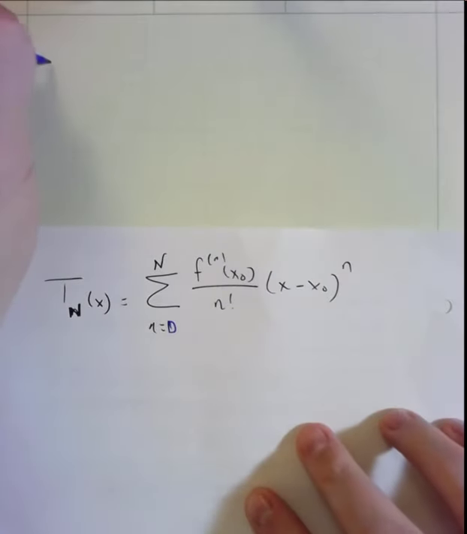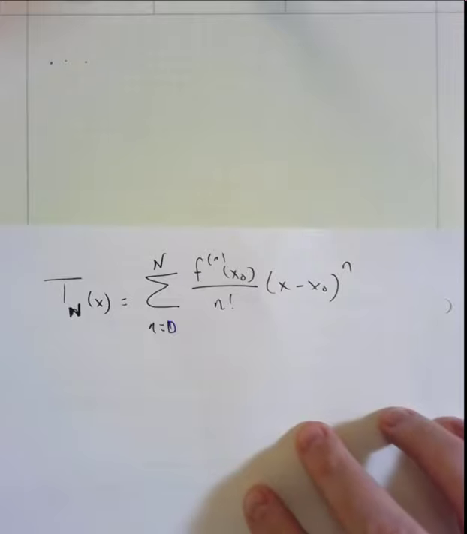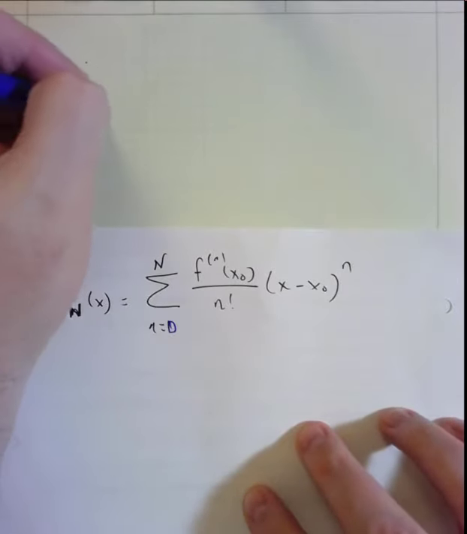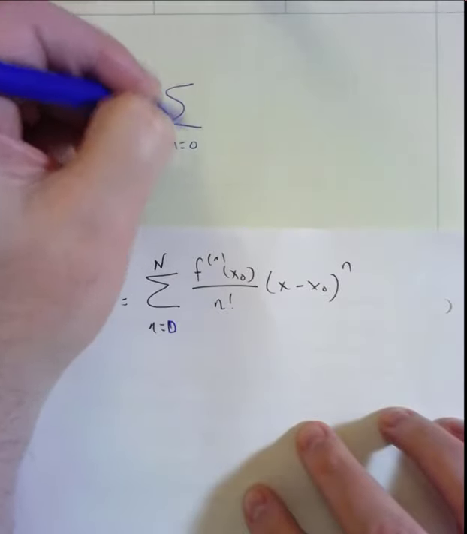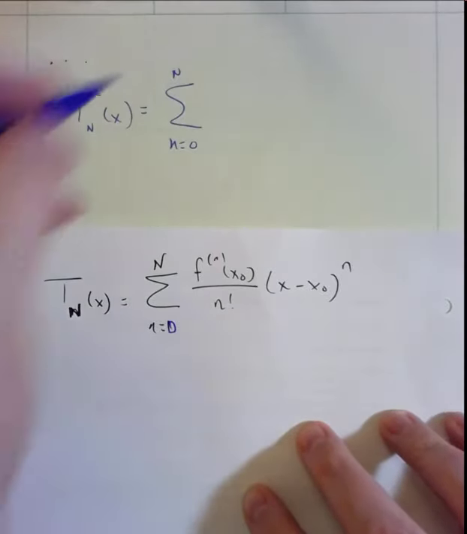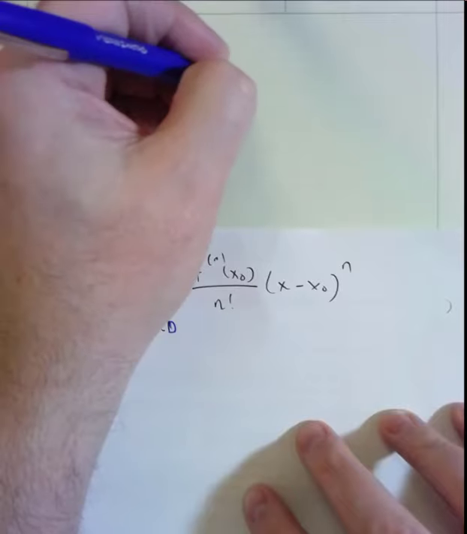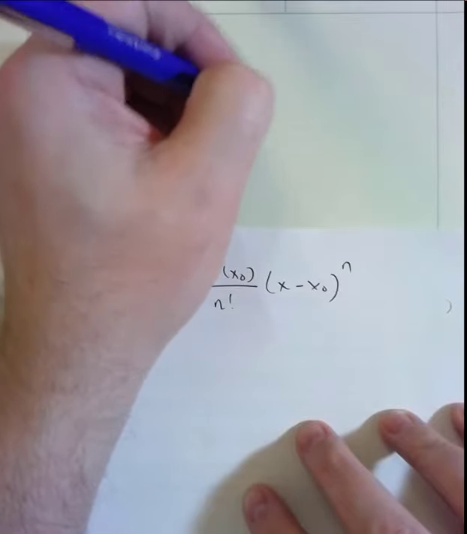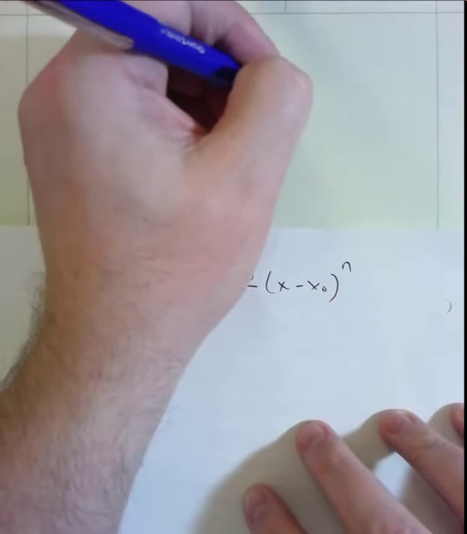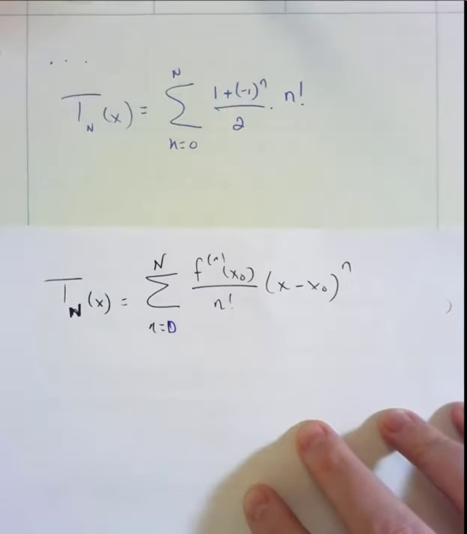here's our template. Continuing on to this page, our Taylor polynomial will look like the sum from n equals 0 to n. Okay, that much of it is just our coefficient.